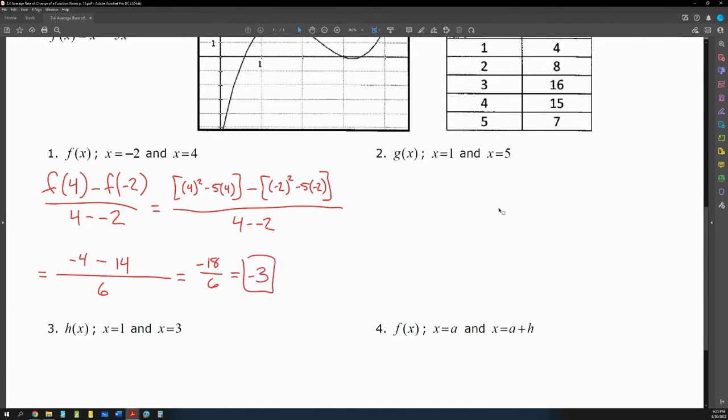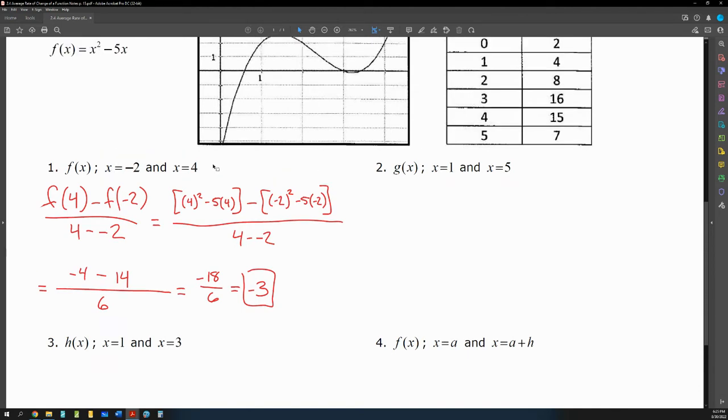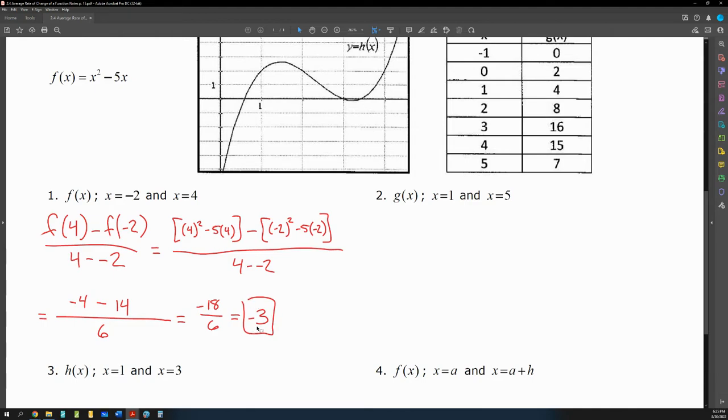So this is telling us that between the interval from -2 to 4, the function decreases 3 units per every unit. So we're saying that the f of x values decrease by 3 for every 1 increase in x values. Okay, let's try number 2.